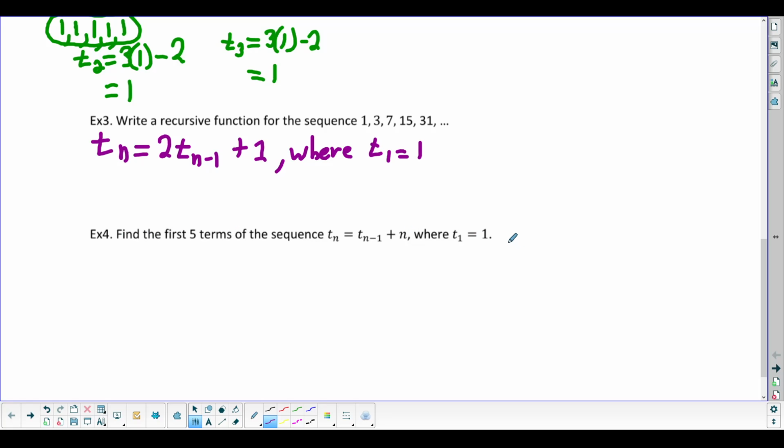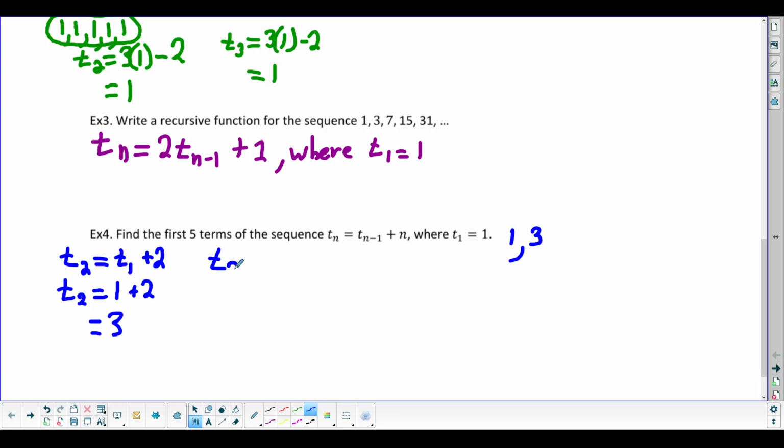So let's start writing our sequence here. 1. Let's try to find term 2. So here n is 2. So that's T2 equals term 1 plus n. N for this is 2. So that's going to be the value of term 1, which is 1, plus 2. And we get T2 is 3.